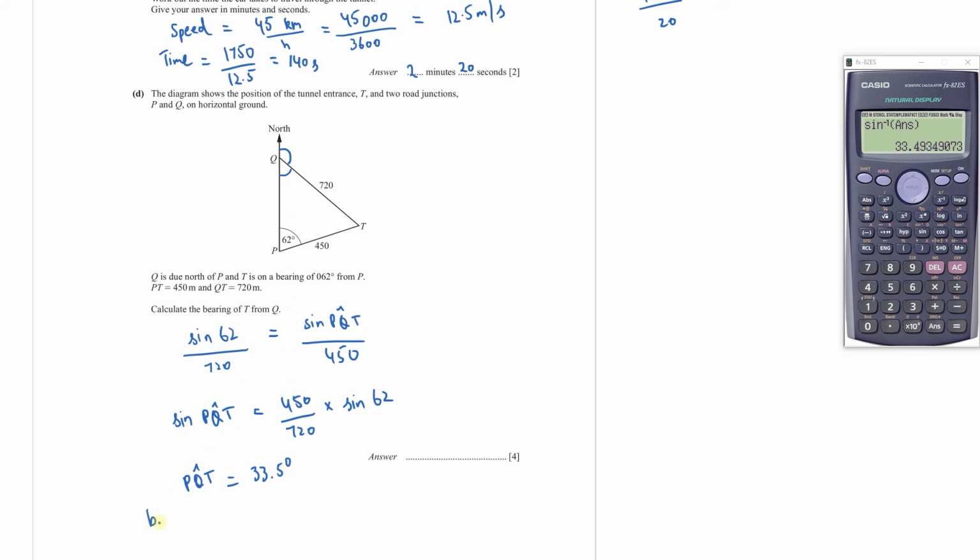So bearing of T from Q will be 180 minus 33.5, which is 146.5. So this here will be 146.5 degrees.